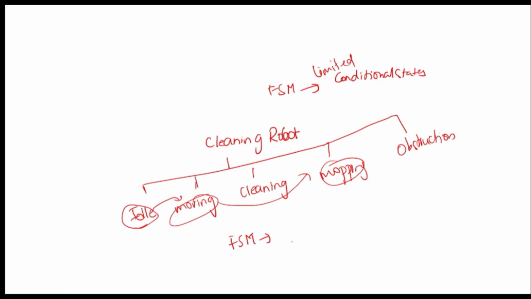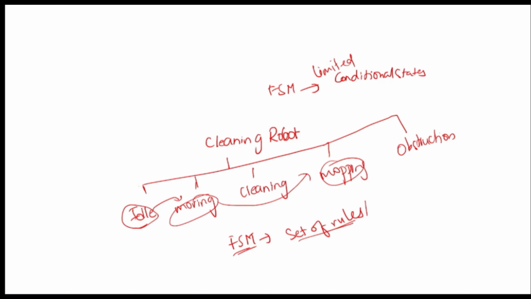We can simply call FSM a set of rules which make the robot decide which work to do, or from which state it should go to another state. All this comes under FSMs. Hope you are clear about this. Just as I said, it is just a set of rules or conditions which makes the design that you are designing work.